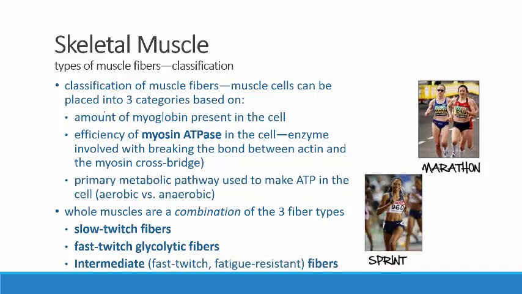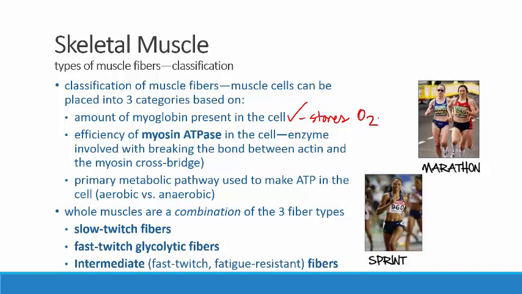We classify them based on the amount of myoglobin that's in the cell. Remember, myoglobin is a molecule that can store up oxygen. So more myoglobin means you can generate ATP for a longer time period. Also by the efficiency of an enzyme called myosin ATPase.